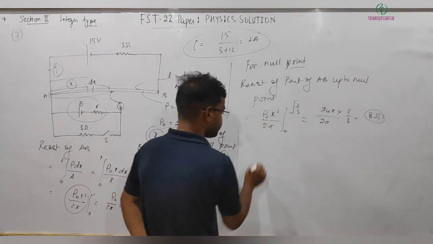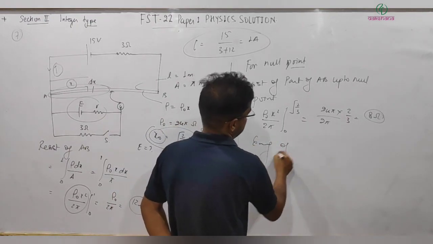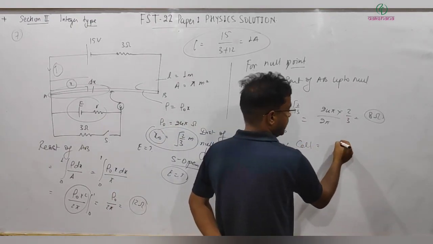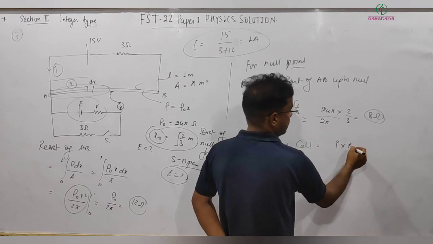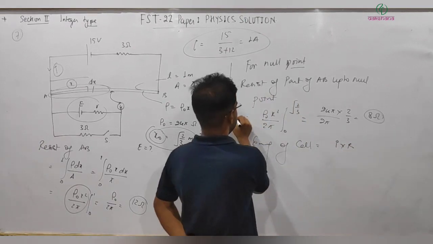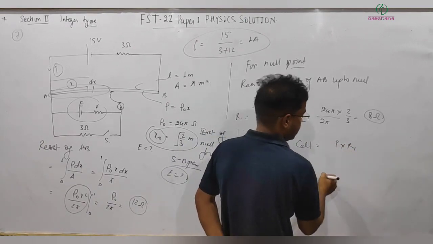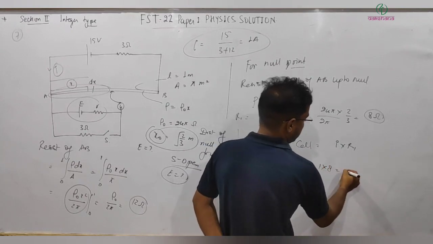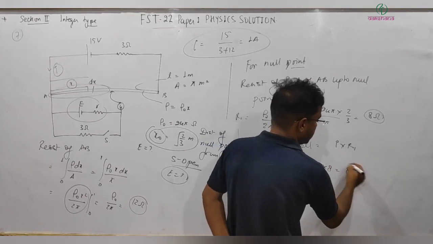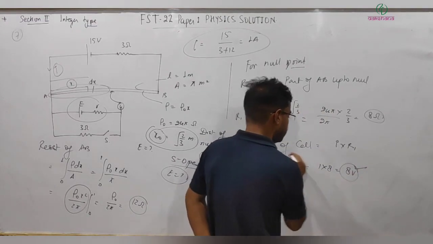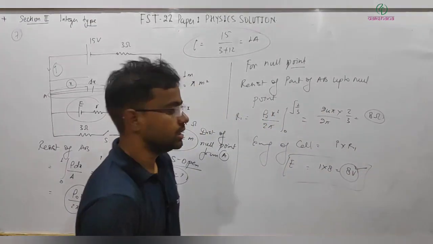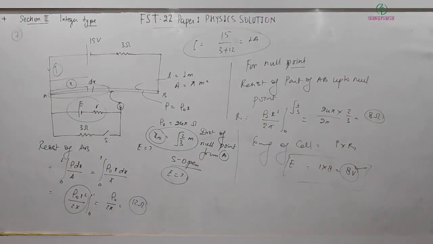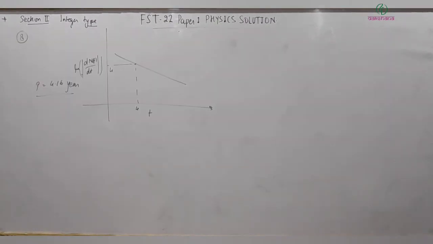So now the EMF of the cell is given by I multiplied by R1, the resistance of this part. I is 1 ampere, R1 is 8 ohm, so this means 8 volt, and this is the EMF of the cell. So the answer for question number 7 is simply 8 volt.